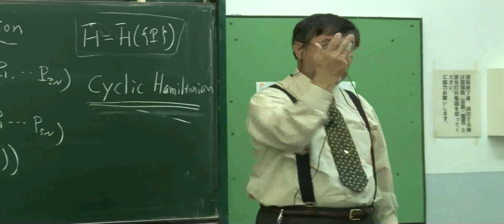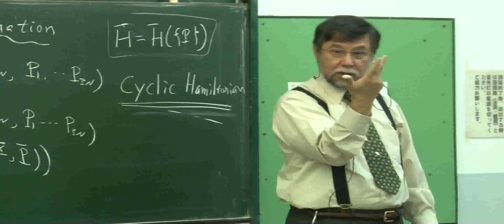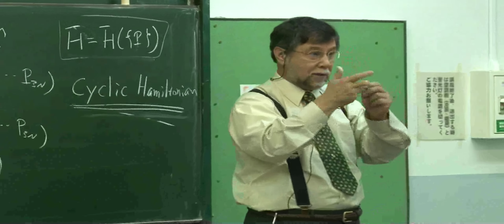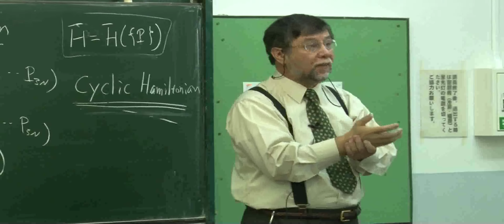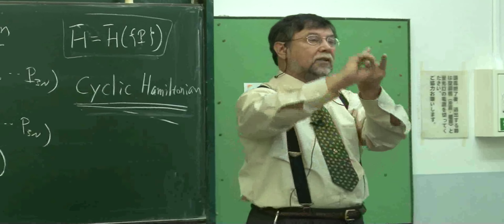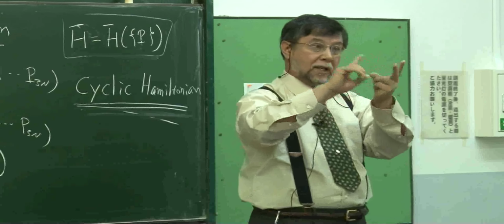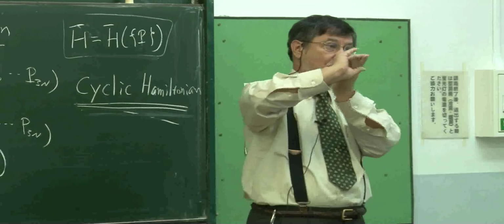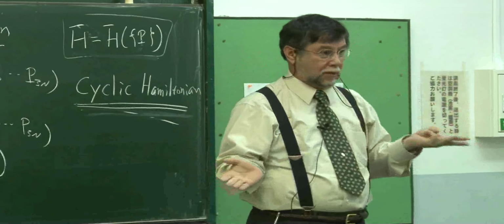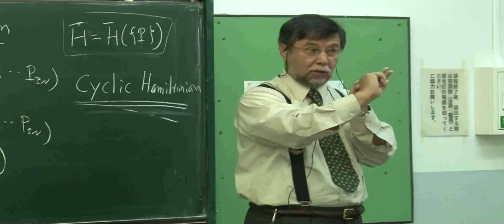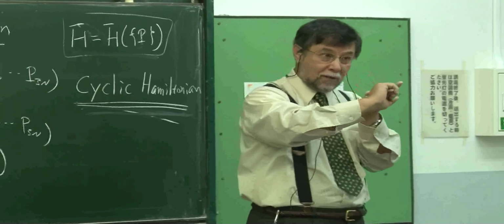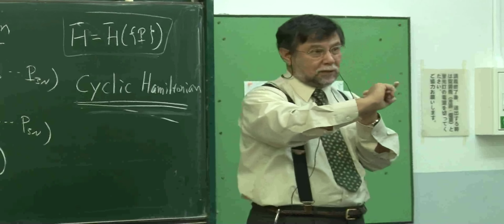So that means in the three-dimensional case, one particle in three dimensions, this is 3 degrees of freedom. Therefore, if you can find 3 independent invariants of motion, you can solve it. But if it's 2, you cannot solve it. If it's 1, of course you cannot solve it.